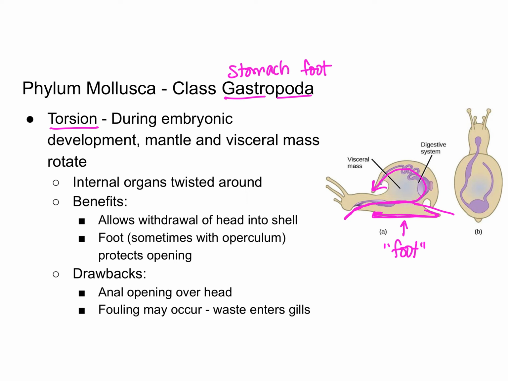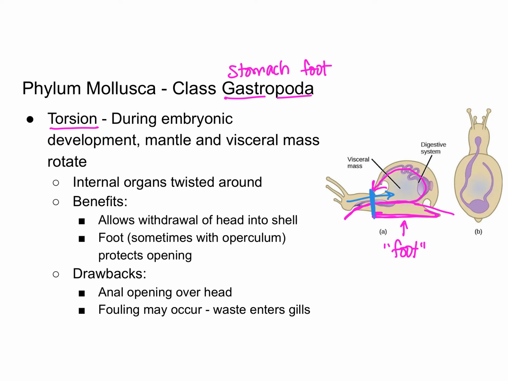Now, there are some benefits to this torsion. One is that they can pull their head completely back in their shell for protection. The foot can then be pulled in to essentially cover this opening to completely encase the snail. So when the snail pulls its head in, the foot can basically form like a little door.